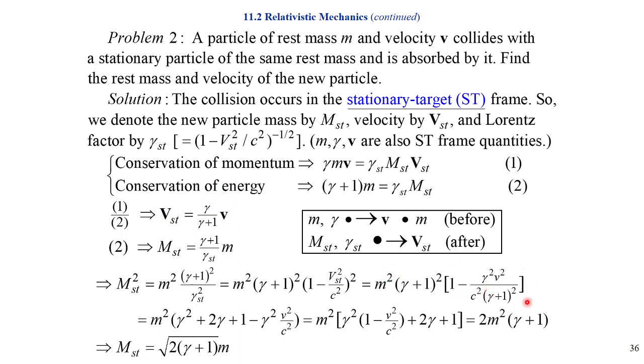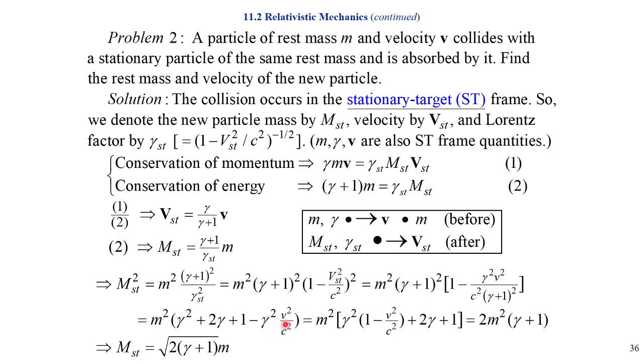After simple algebra, gamma squared plus 2 gamma plus 1 minus this one. Okay, cancel. So eventually we get two terms: (gamma plus 1) squared minus gamma squared V squared over c squared.